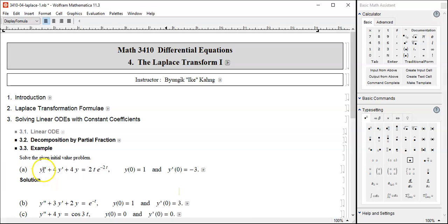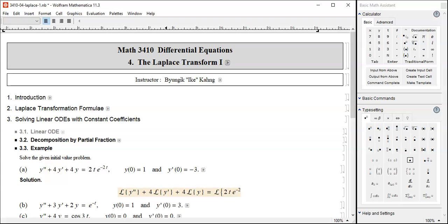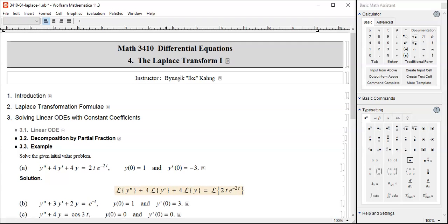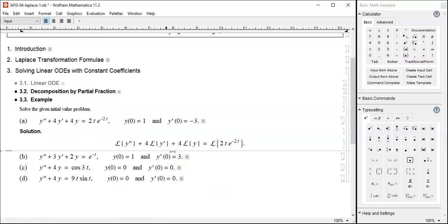So we're going to take the Laplace transform of each term. y double prime plus 4 y prime plus 4 y equals 2t e to the negative 2t power. Okay. Did I get everything right?